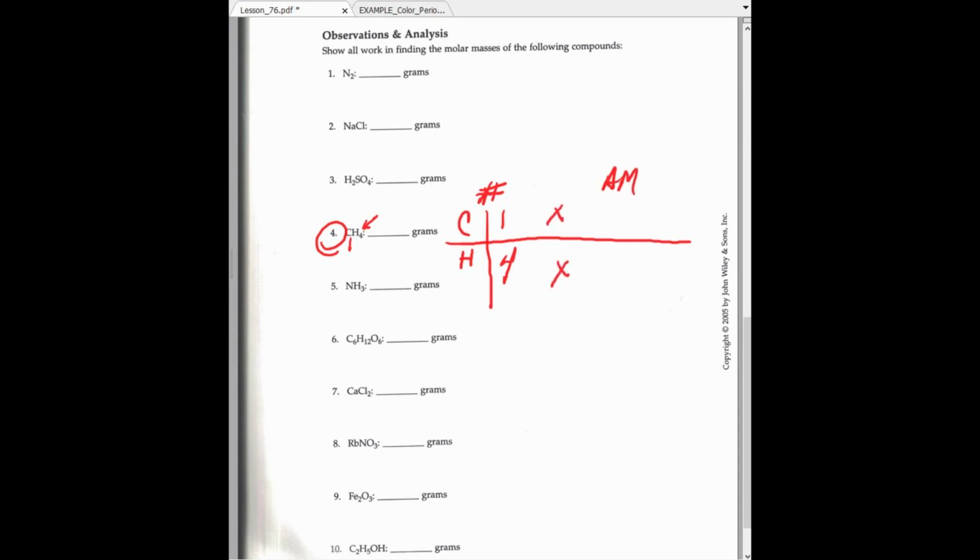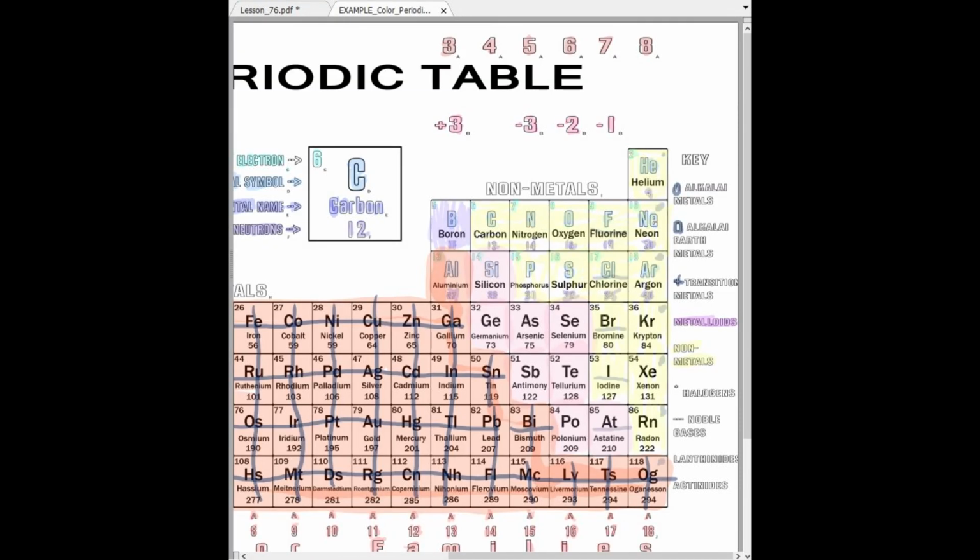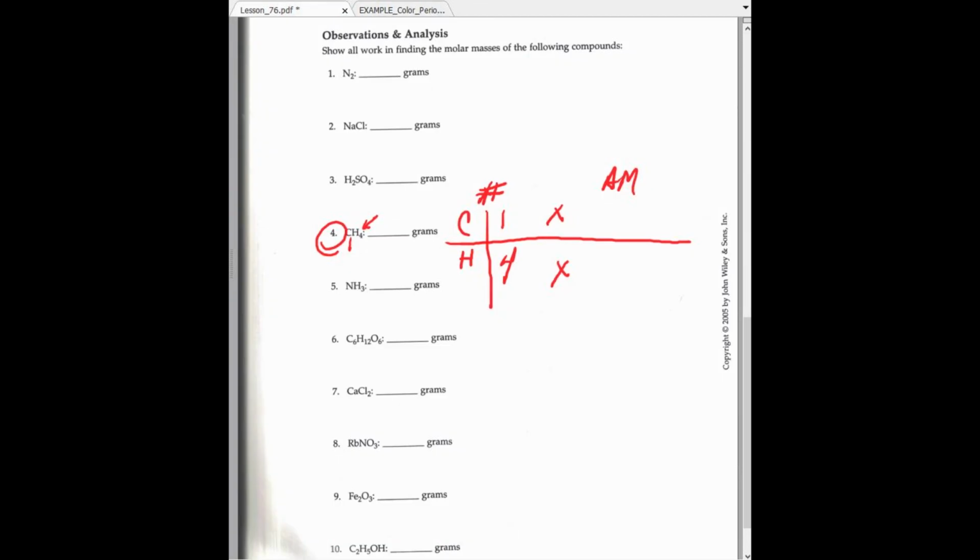The atomic mass for carbon is 12, and so we would write 12. And then the atomic mass for hydrogen, based on our previous H2O, we know would be 1.